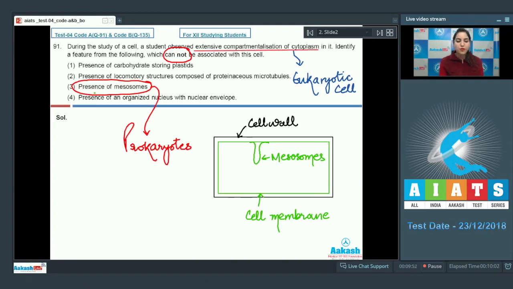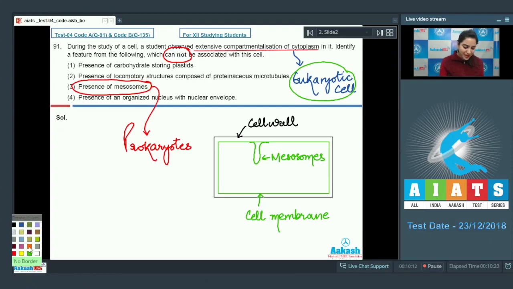So, therefore, clearly we can say that this is the right answer because we were asked for prokaryotic cell. And here in the question, we had to check out that which of the following cannot be associated. So clearly, students, the right answer to the question would be presence of mesosomes.